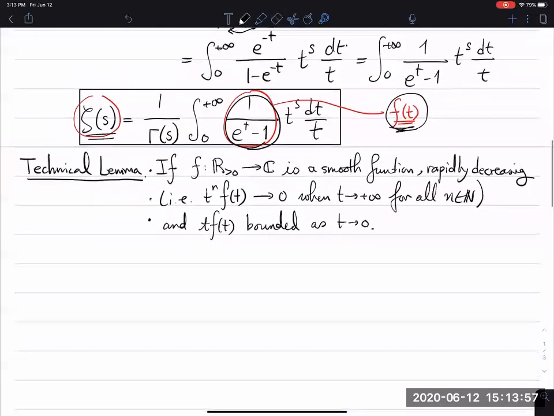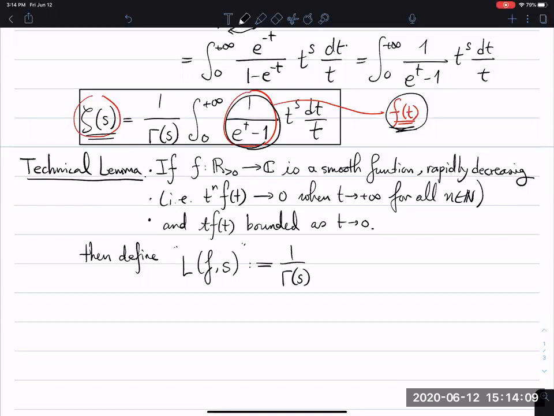Okay, so I have this. Then I can define the L function of f, s. It's just a fake thing, but I want to imitate what we defined for the zeta function, so that this expression works in general. Like this, at least when the real part of s is bigger than 0.